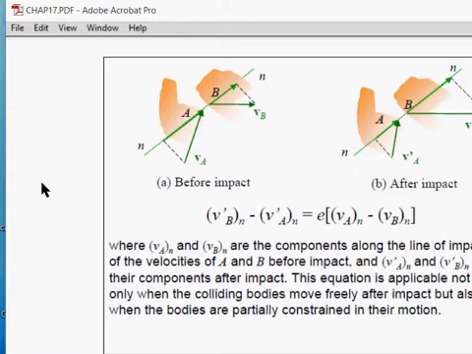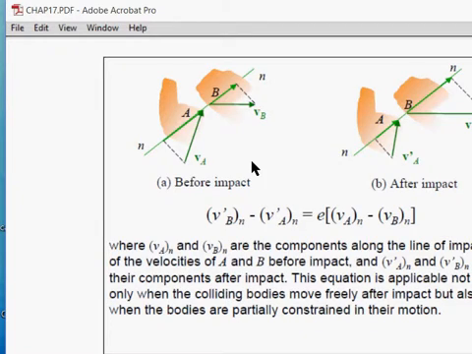But what is key to this whole thing is the fact that the E number is the coefficient of restitution. It's an indication of how plastic or how elastic the collision was.